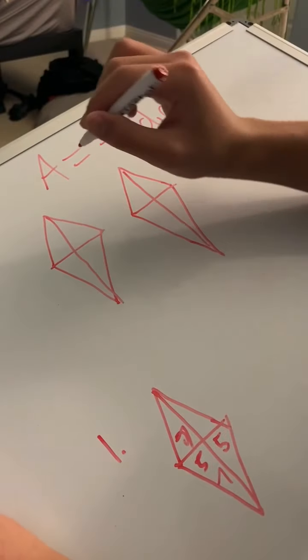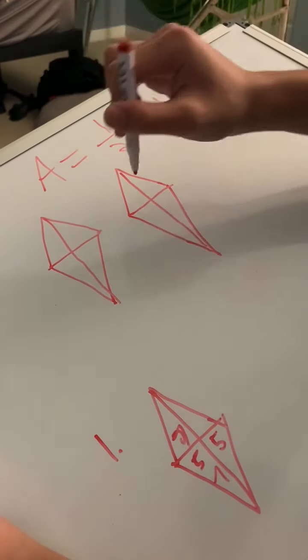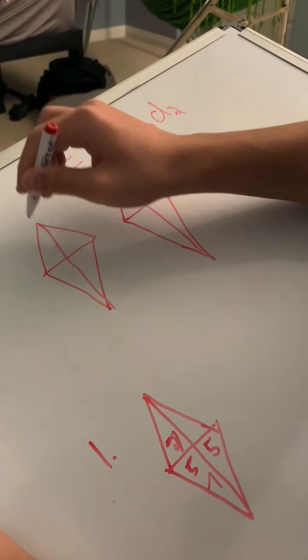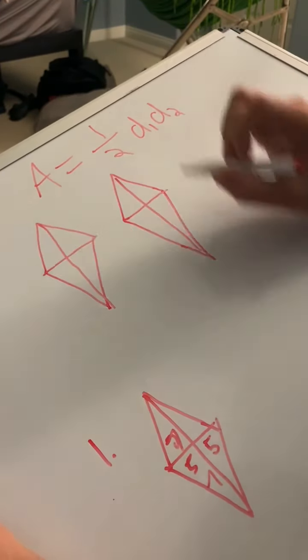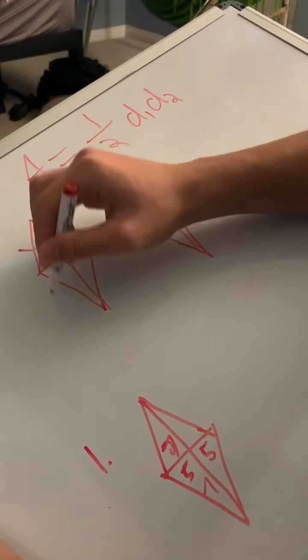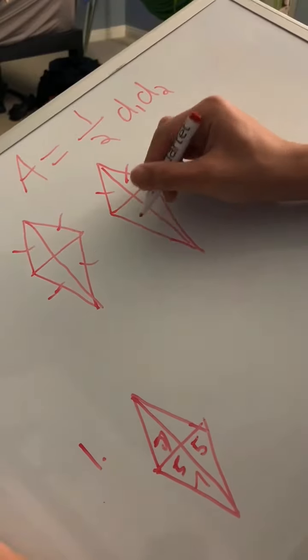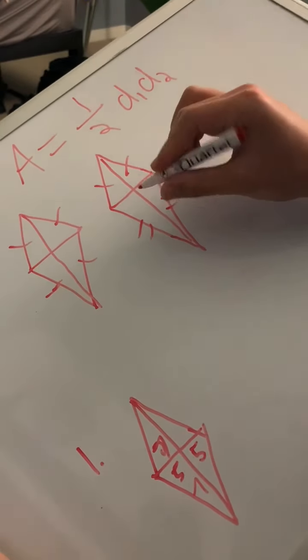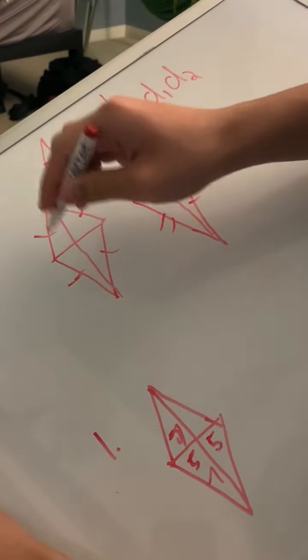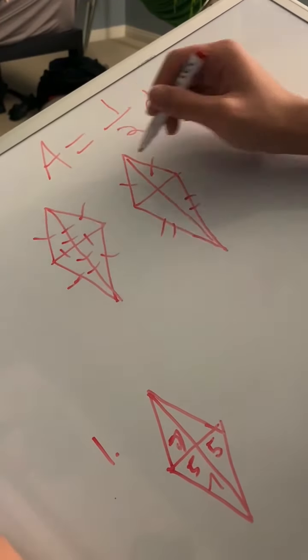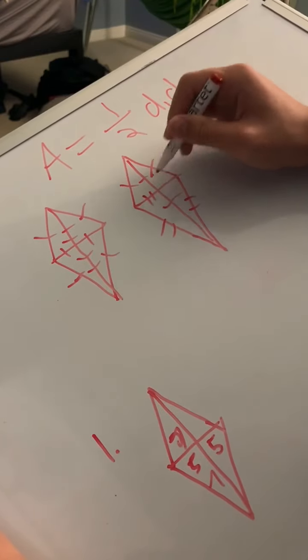One thing you want to know, the difference between a rhombus and a kite is one major thing. The entire perimeter, or the sides of a rhombus, are all congruent to each other. Not with the kite. The kite, only the top 2 are congruent to each other, and the bottom 2 are congruent to each other too. They're not congruent to everything, as this one is. Same thing goes with the kite.